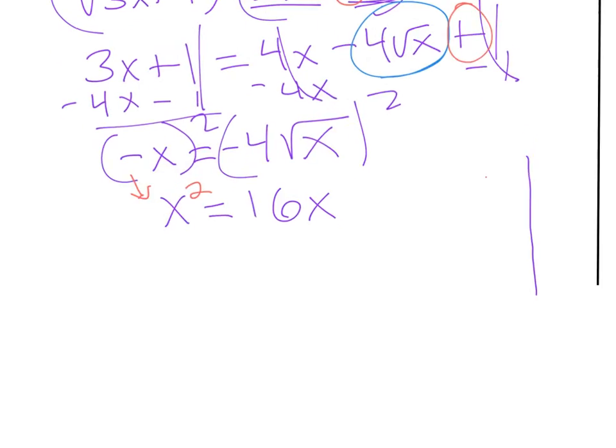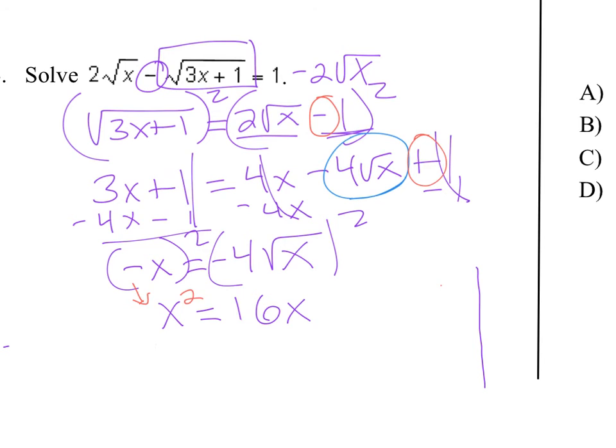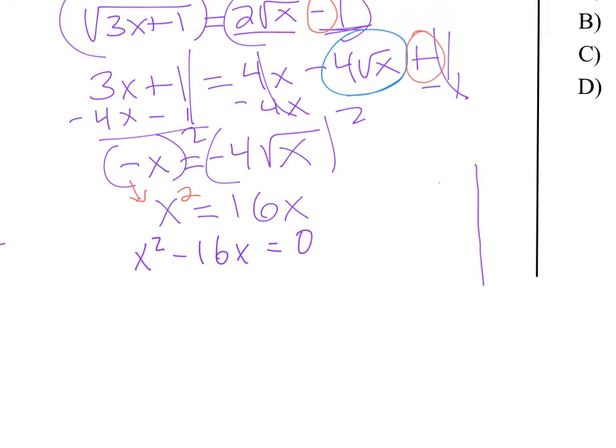And somehow that wrote a line instead. There we go. All right, so since that's supposed to be x squared, I end up with x squared minus 16x equals 0. All right, so I factor out an x minus 16. So x is 0 or 16.